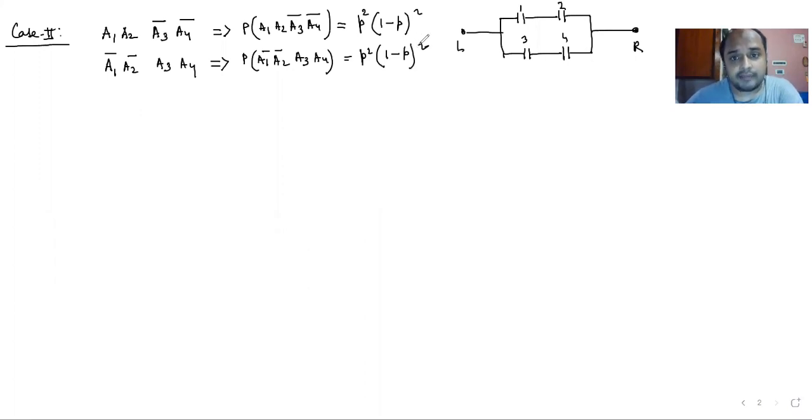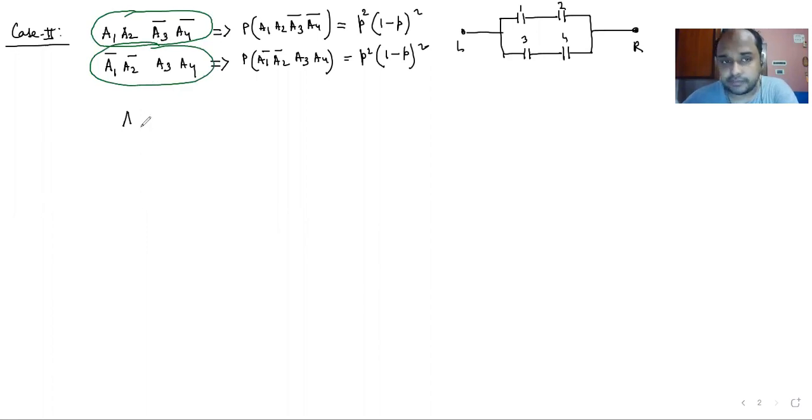And again, as in the previous scenario, these collective events, this event and this event, are actually mutually exclusive.